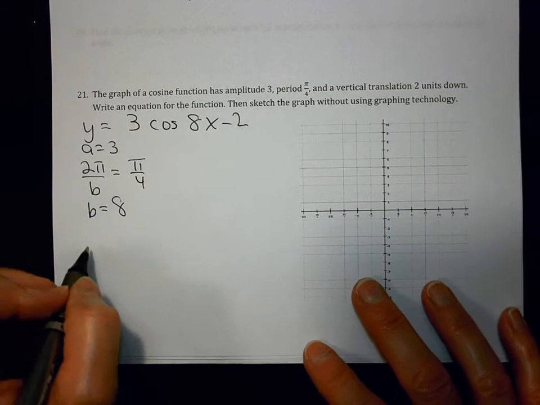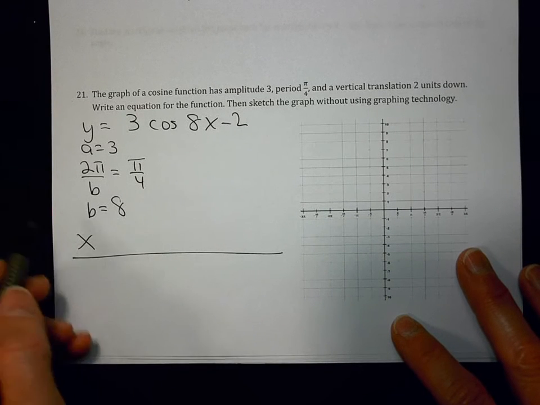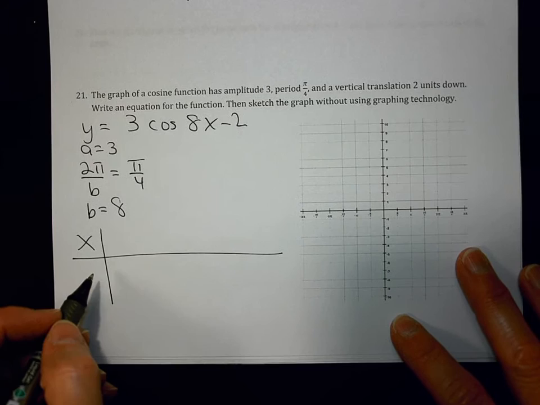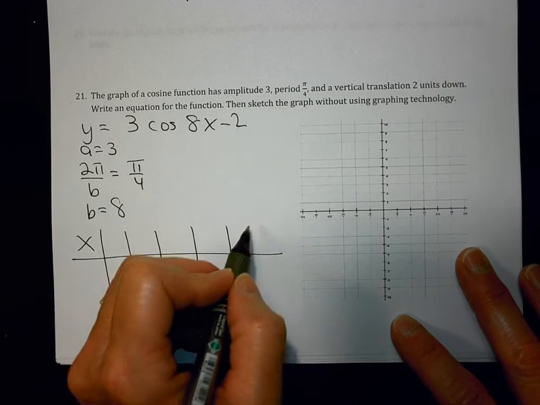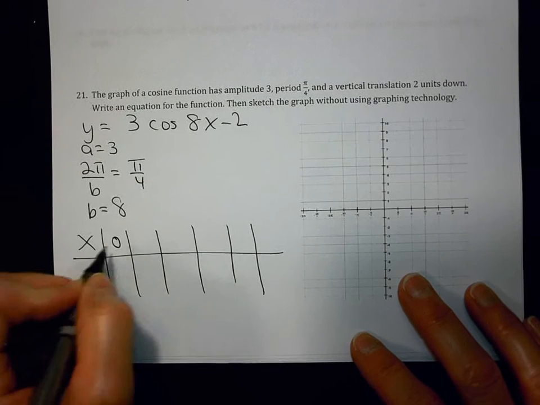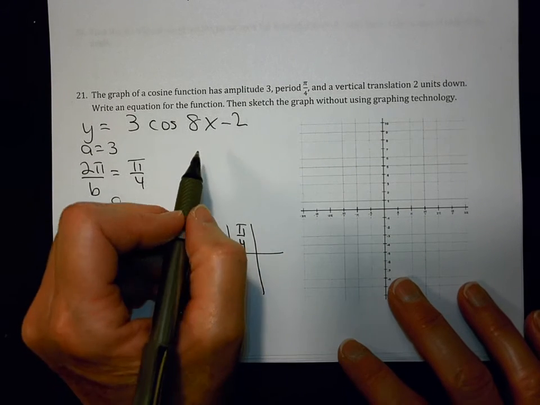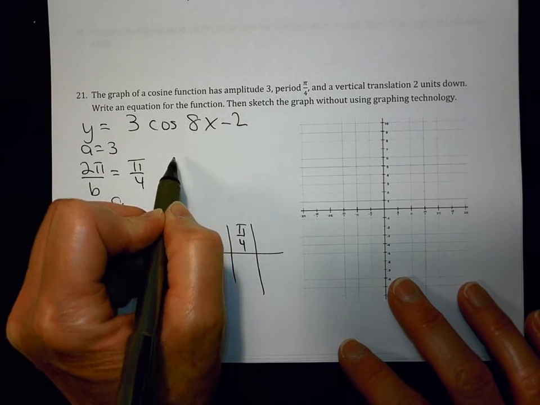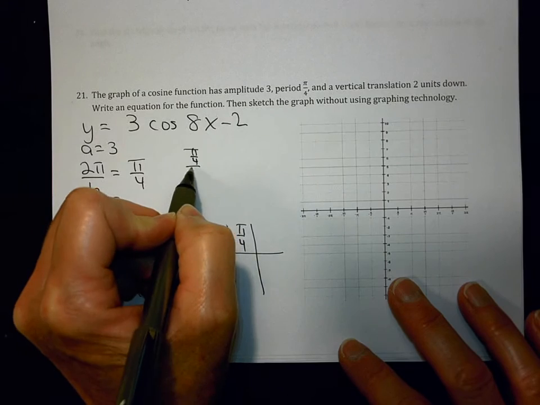So we do our zero to period. Our interval is going to be, let's see, so we said our period was pi over 4, so divided by 4.